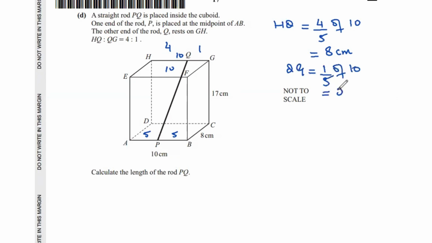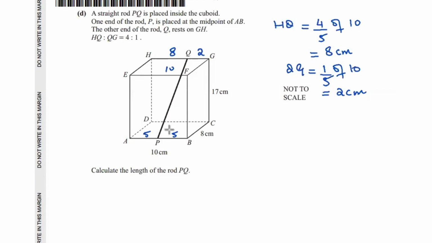So that's 2 centimeters. So now that we know this is 2, erase this, and this length is 8. If we connect this line and straighten over, this is 17.